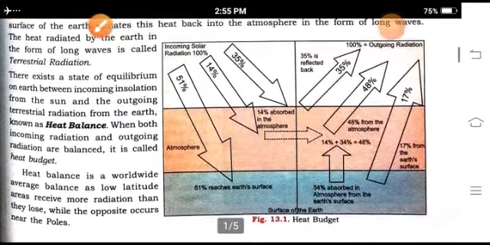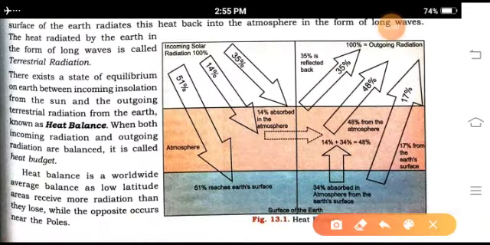Now, with the help of this diagram, I will show you the heat budget. Incoming solar radiation on the earth is 51%. Only 14% is absorbed in the atmosphere and 13% is there. Now 35% is reflected back into space. 48% from the atmosphere is outgoing radiation.